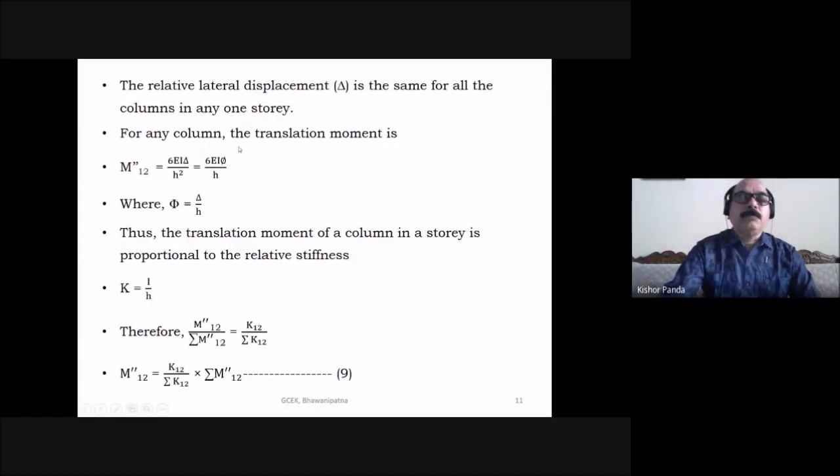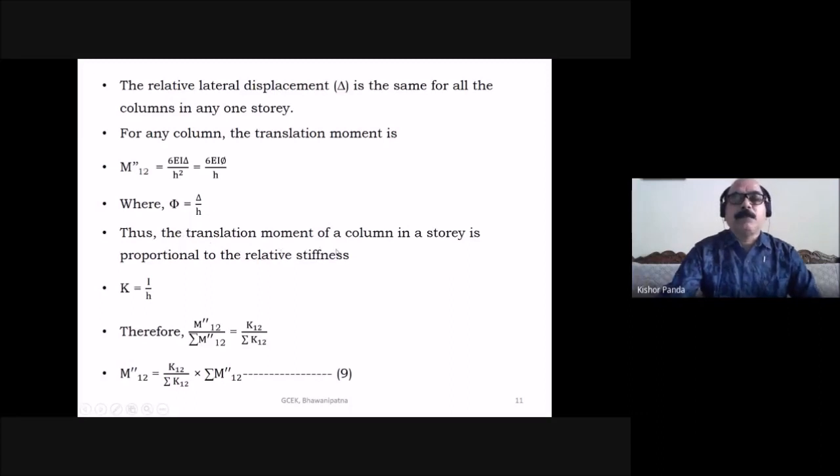For any column, the translation moment M''12 is equal to 6EI delta by h square. For this vertical member, what is the length of the member? h, the height of the member. So 6EI delta by h square. You can take delta by h is equal to phi, so here you put 6EI phi by h, where phi is equal to delta by h.